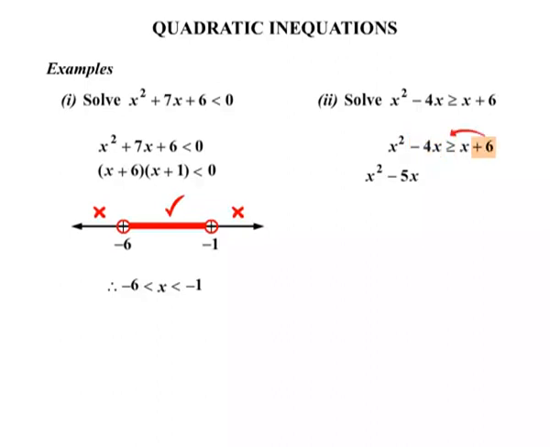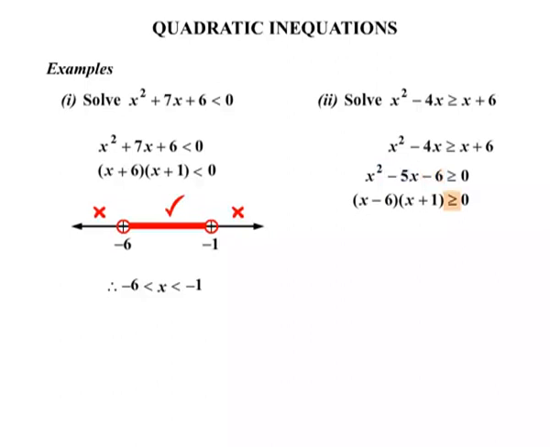Now the 6 will also need to come over, and becomes minus 6. So we've taken everything to one side, and then we write greater than or equal to 0. Two brackets then, x and x, and factors of minus 6 that add to give minus 5. So certainly one will be positive and one will be negative. So those numbers are minus 6 and positive 1.